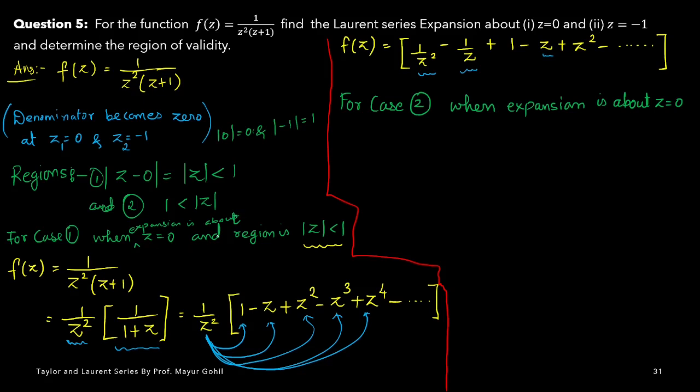Okay, it's about z equal to 0, and now the region is 1 is less than mod z. This is the region. Then how do we proceed?